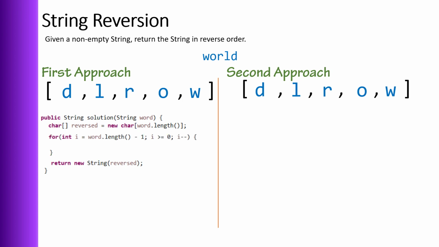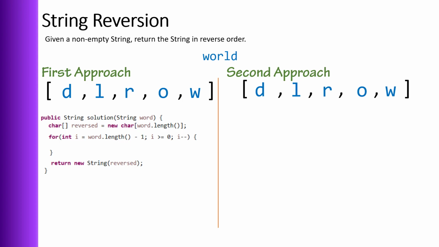And then we would loop starting from the last index, which would be word.length minus 1. As you know that we are starting the index count at 0, that's why it's word.length minus 1. And then we will do it until we reach the very first index, which is 0, and decrement it on every loop.